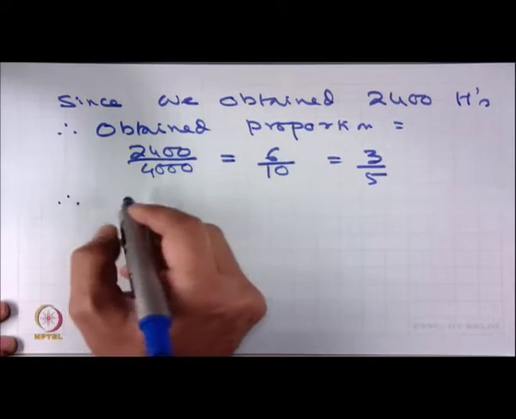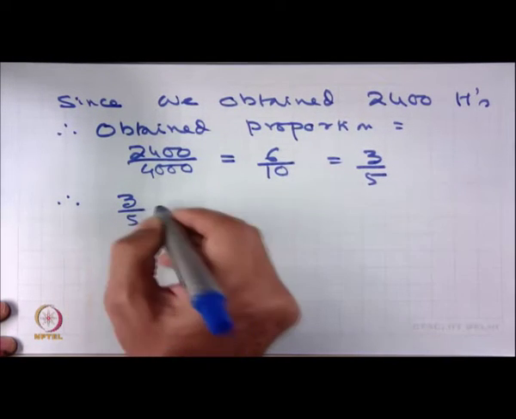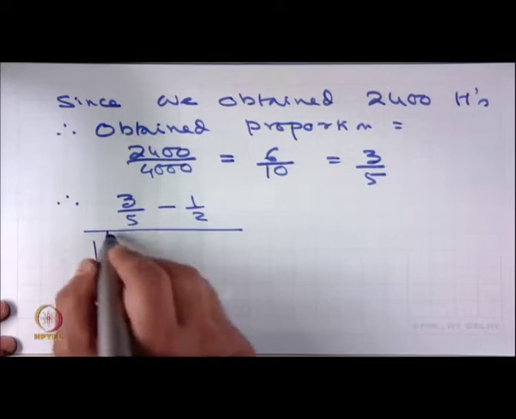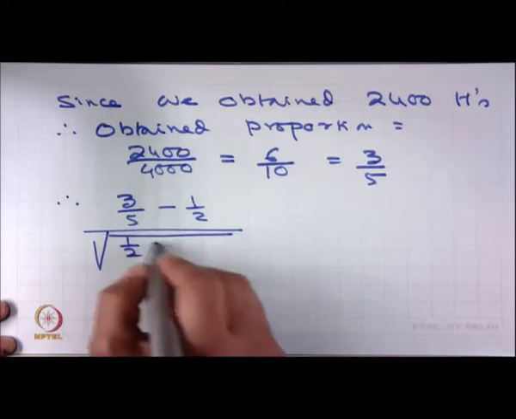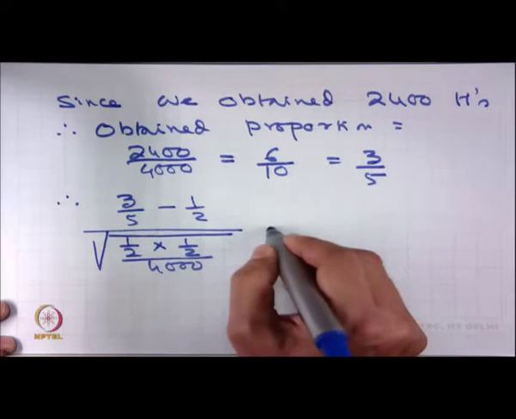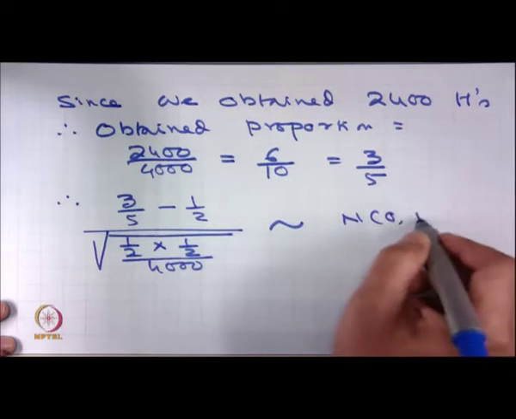Therefore, 3 upon 5 minus half divided by root over half into half upon 4000 can be assumed to be normal 0 1.